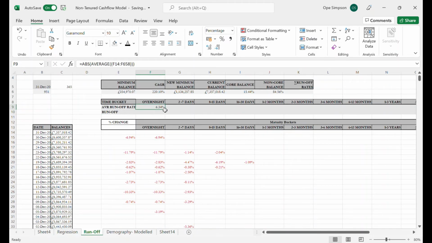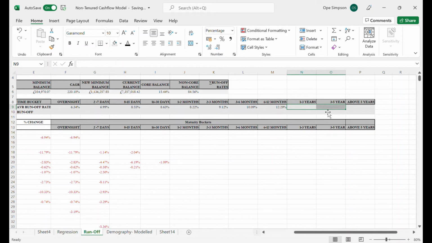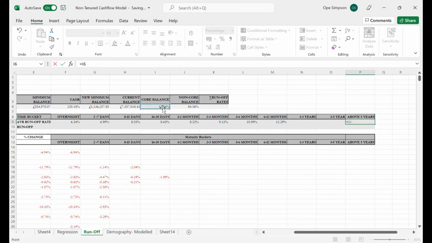And we simply drag for all the various time buckets. You'll notice we don't have that for 1 to 3 years and 3 to 5 years because our data points do not allow us to calculate the runoff for 1 to 3 years or 3 to 5 years. And then for above 5 years, we simply bring our core balance here.